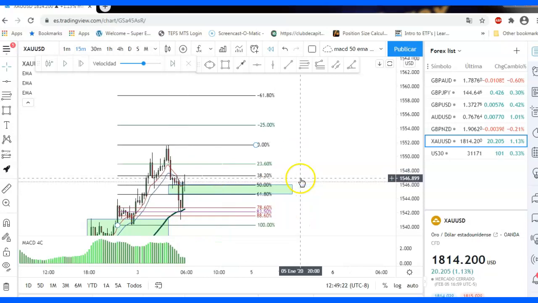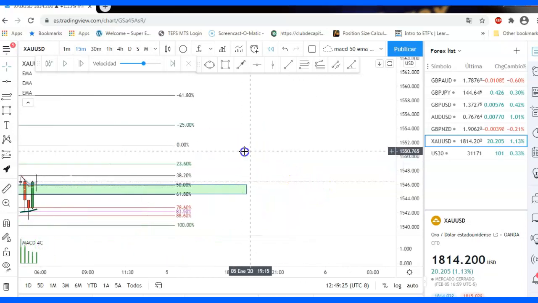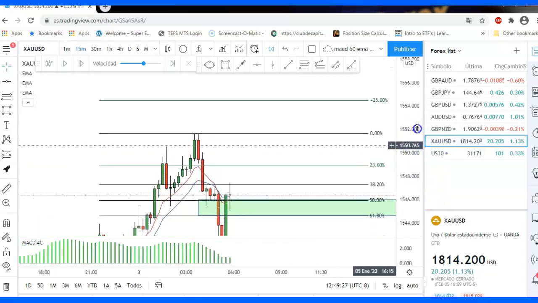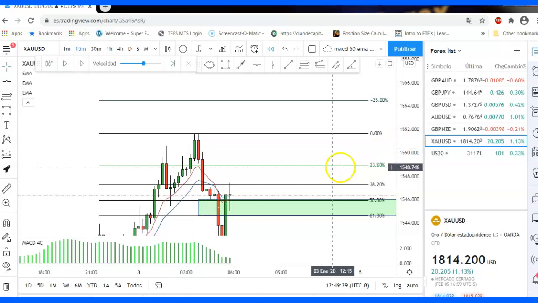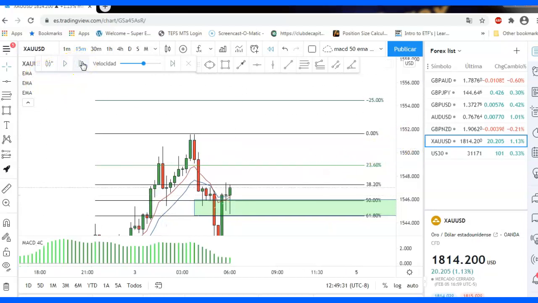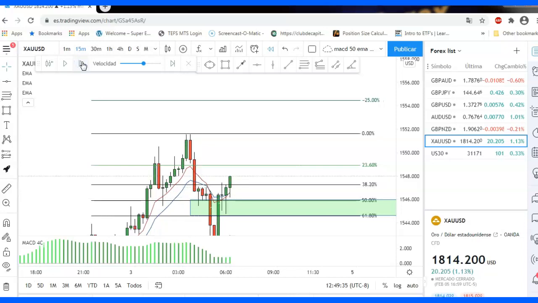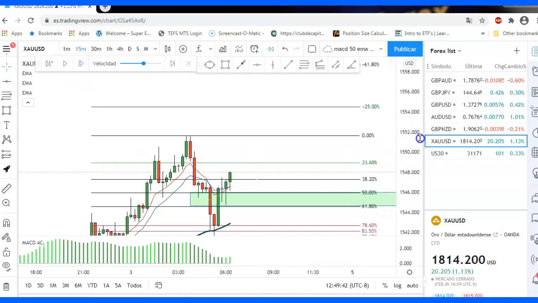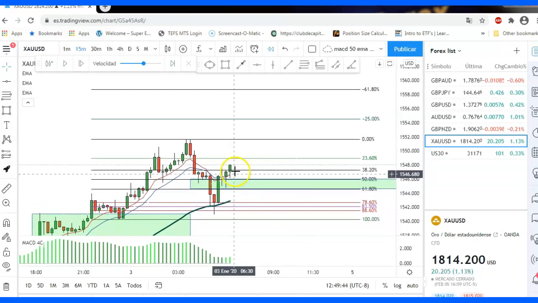Okay, what do we got now? Okay, we don't have it yet. We don't have it yet. And it's crossing right there. So I would definitely go into the market right here. On top of this area right there.